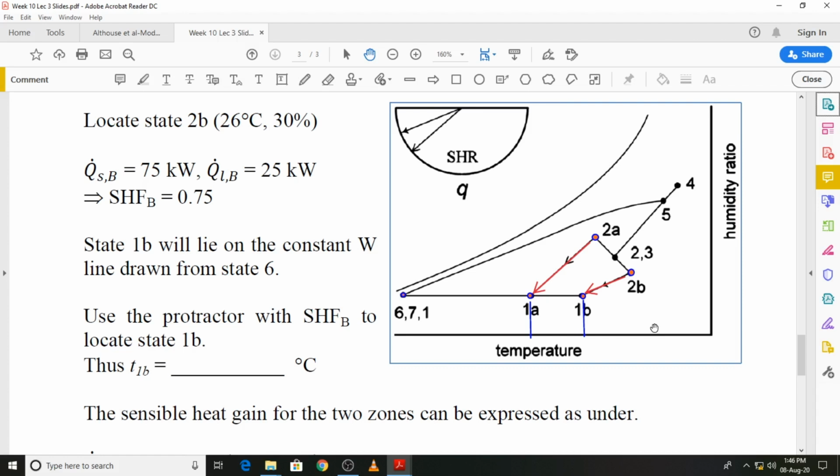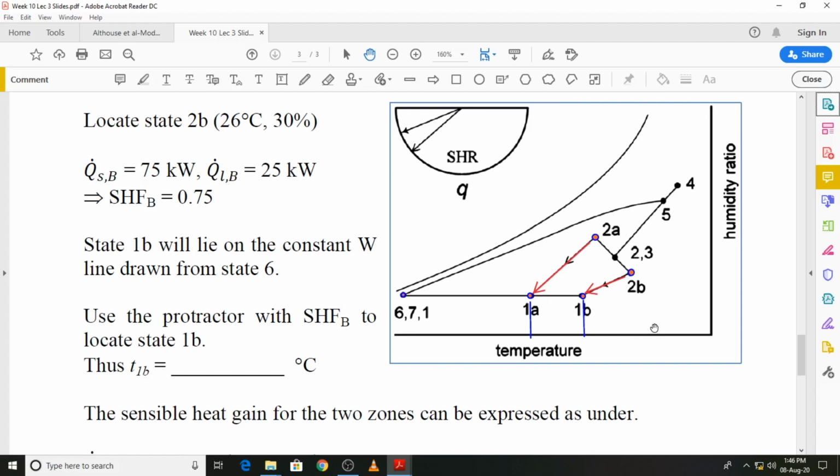Then the sensible heat factor is also worked out from the sensible and latent loads. Once we have got those, we will use the protractor and then locate state 1B, and at that state we can then find out the dry bulb temperature. So that is the way we can locate states 1A and 1B.